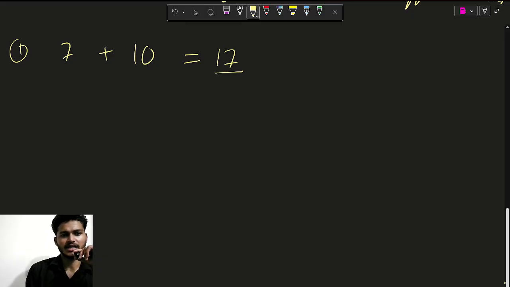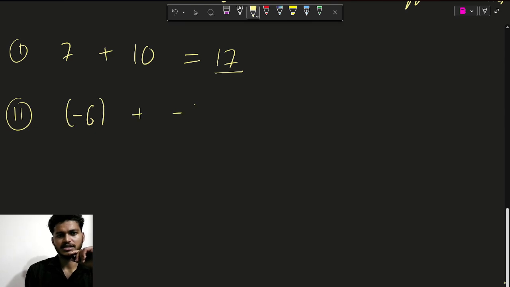Now let's take two negative integers. Suppose I have -6 and I have to add it with -8. Now you see one more thing, that I have enclosed the negative integers in brackets. Why?